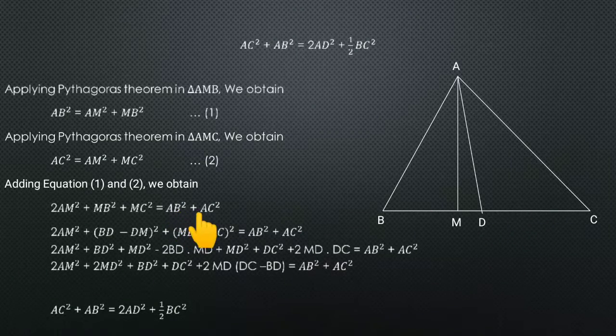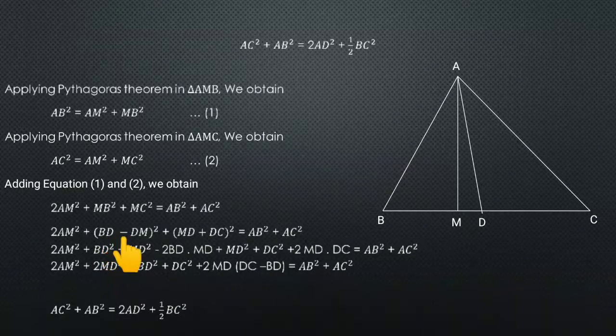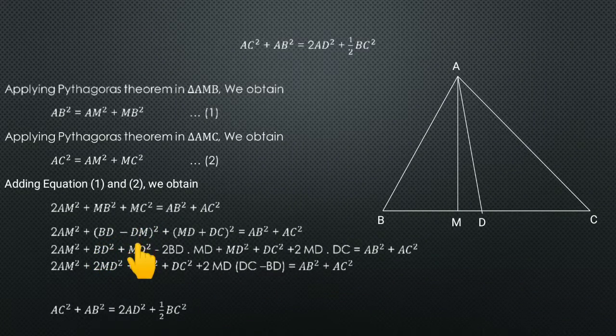Now simplify these terms: using the rule A minus B whole square, we get BD square plus DM square minus 2BD into DM. Again, using A plus B whole square, we get MD square plus DC square plus 2MD into DC.